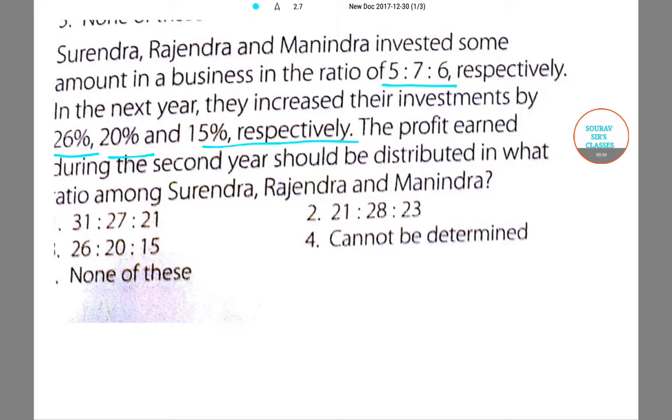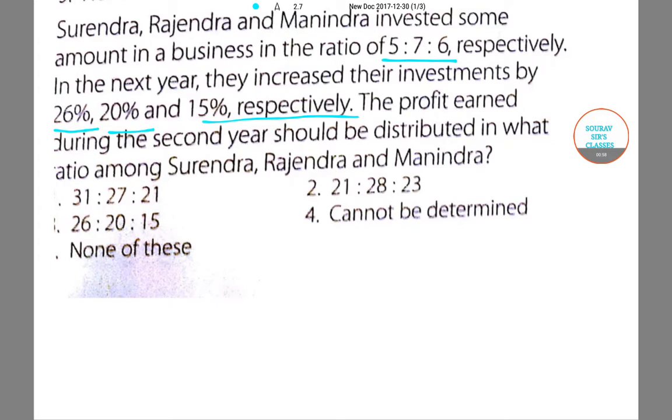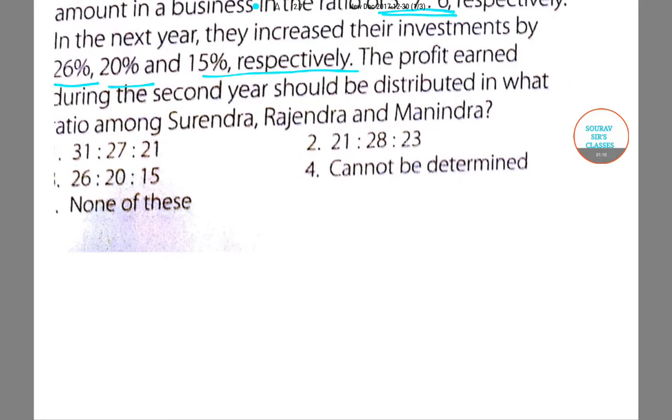Now, the required ratio. Here, it was mentioned in the question that they invested some money in the business in the ratio of 5:7:6, and next year they increased their investment by 26%, 20% and 15%.